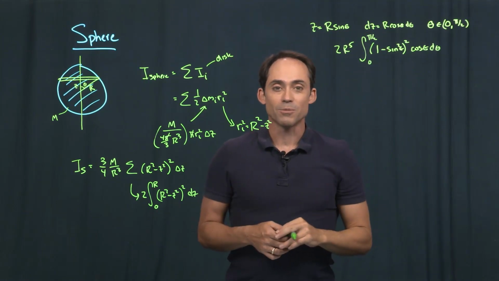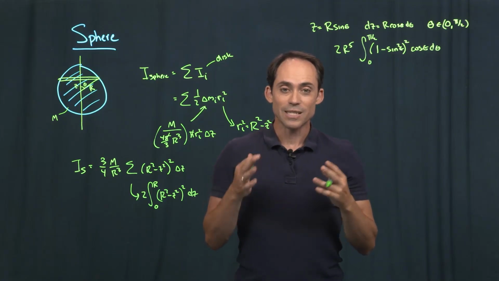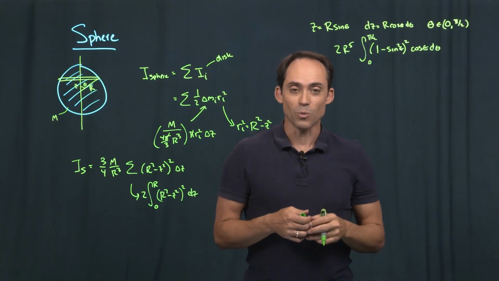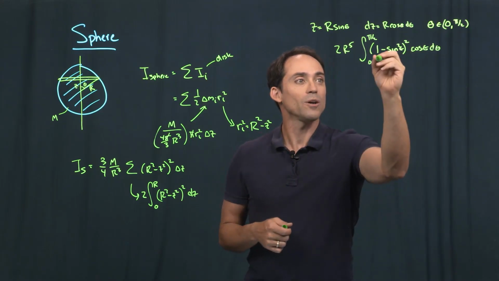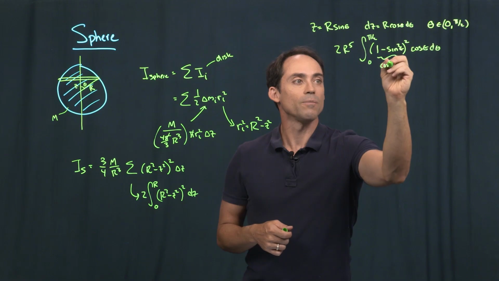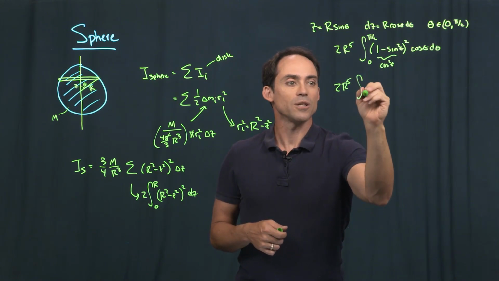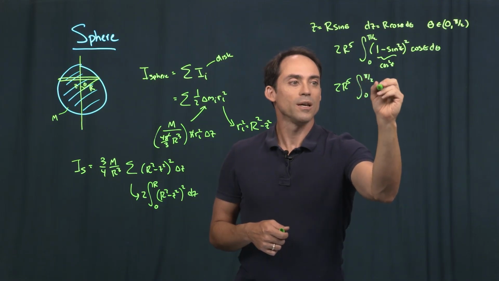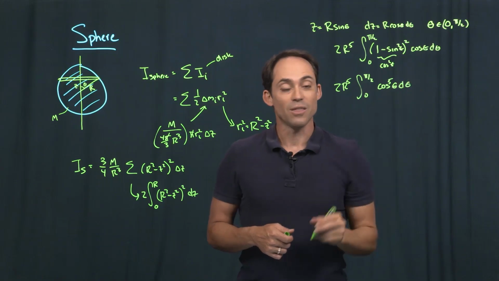And now the reason I made the substitution is, of course, we can use our trigonometric relation that sine squared plus cosine squared is equal to 1. That means that 1 minus sine squared is equal to cosine squared theta. So this whole thing turns into 2r to the 5th times the integral from 0 to pi over 2 of cosine to the 5th theta d theta.